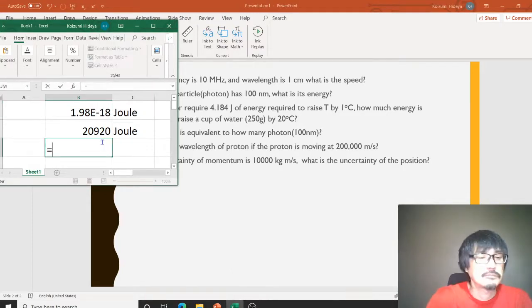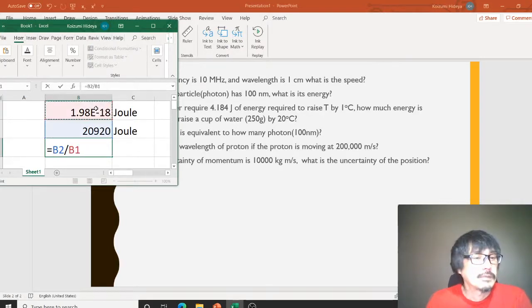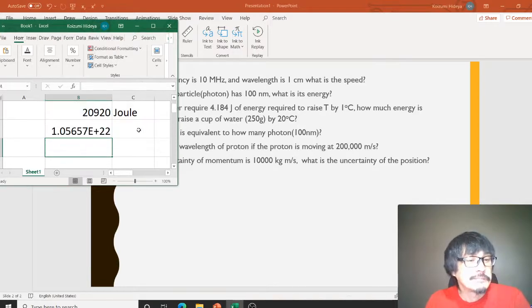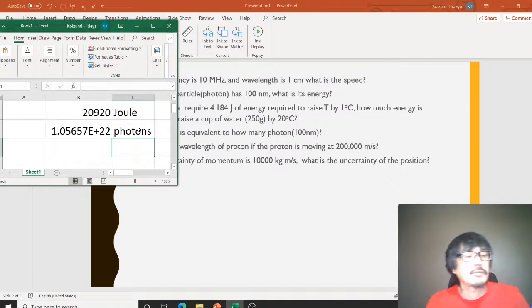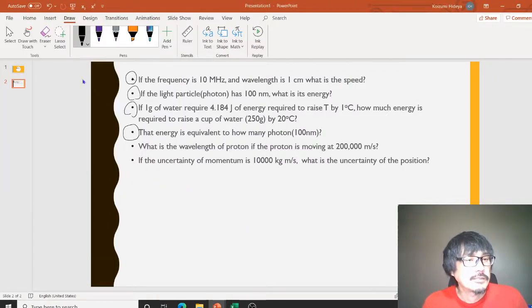So the question is just what do you get if you divide 2920 by each photon's energy, and that many photons are required. Alright, that's good.